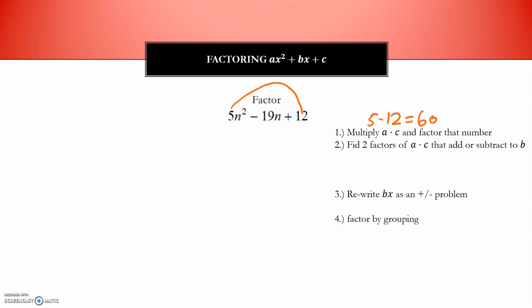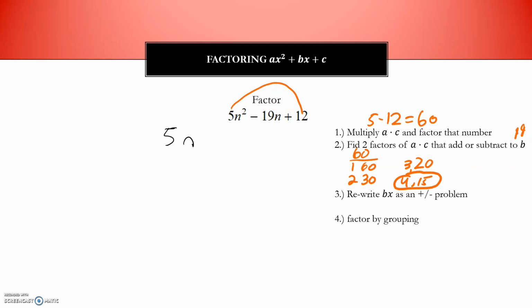So we have to find two factors of 60 that will add or subtract to b, which in this case is 19. Factors of 60 are 1 and 60, 2 and 30, 3 and 20, 4 and 15. Okay, I get to stop here because 4 and 15 will make 19. I have to rewrite bx as an addition or subtraction problem.